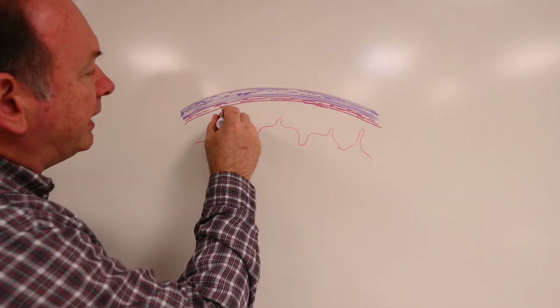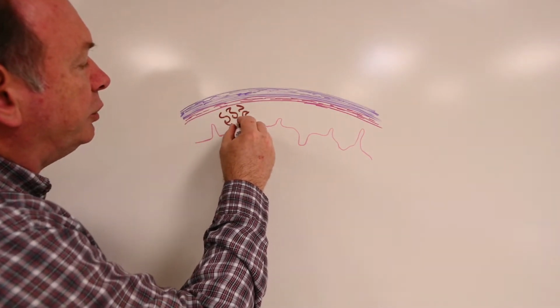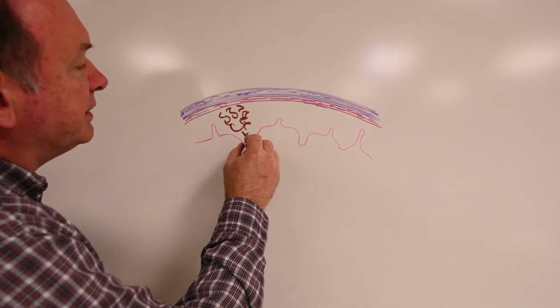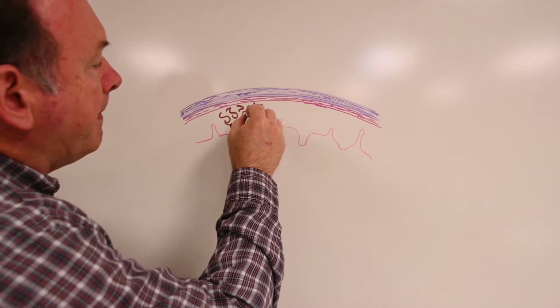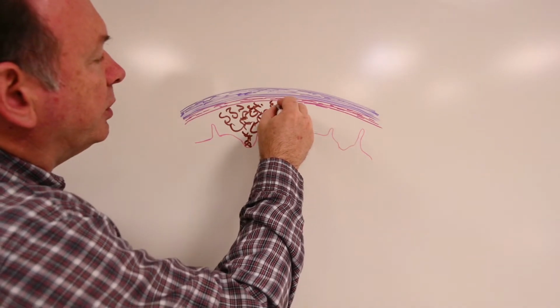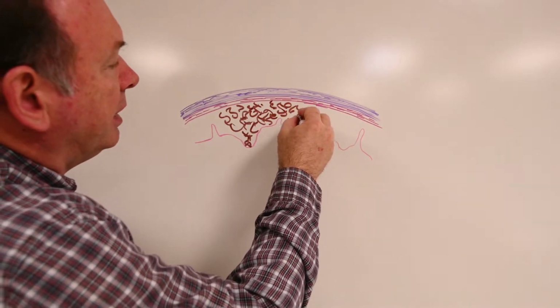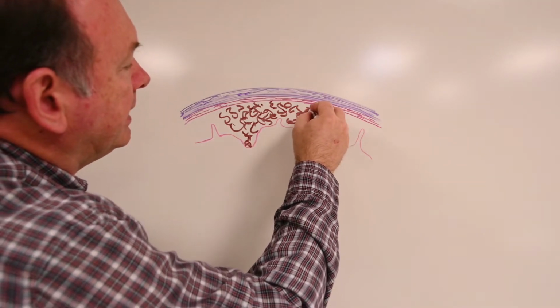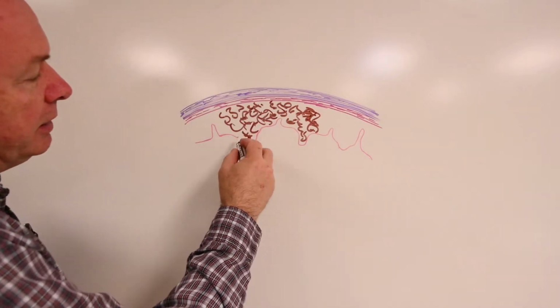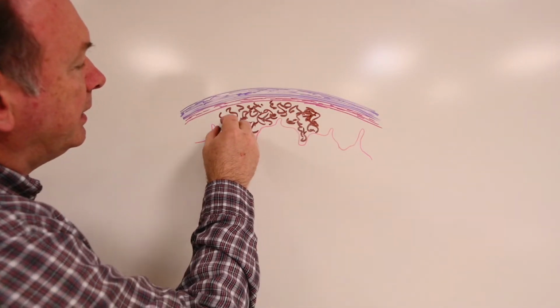All of this material where we have the convoluted tubules that sink down into the medulla in the cortex, these are referred to as cortical labyrinths. So some of that sinks down into the medulla a little bit.